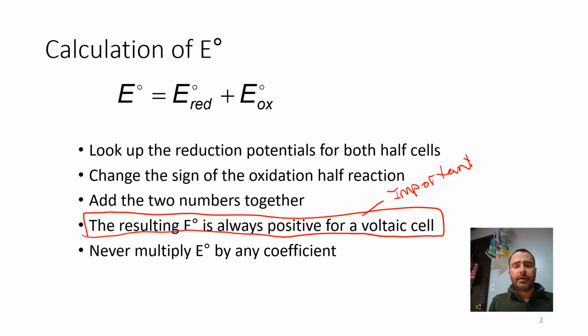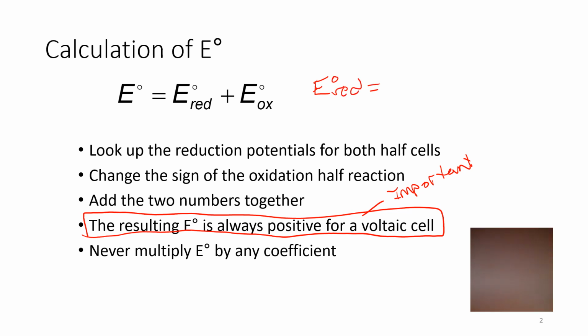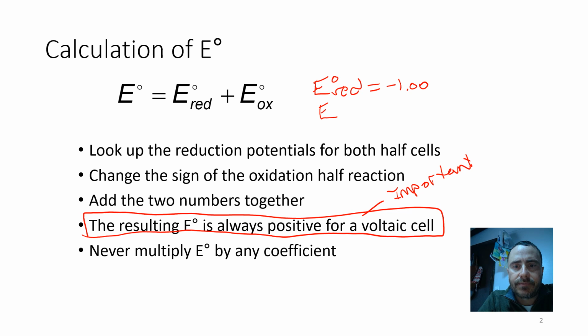So you might look up your reduction potentials for two half cells, and you might have, for one of them, E naught reduction is equal to, say, negative 1.00. And for the other one, E naught reduction is equal to negative 1.50.